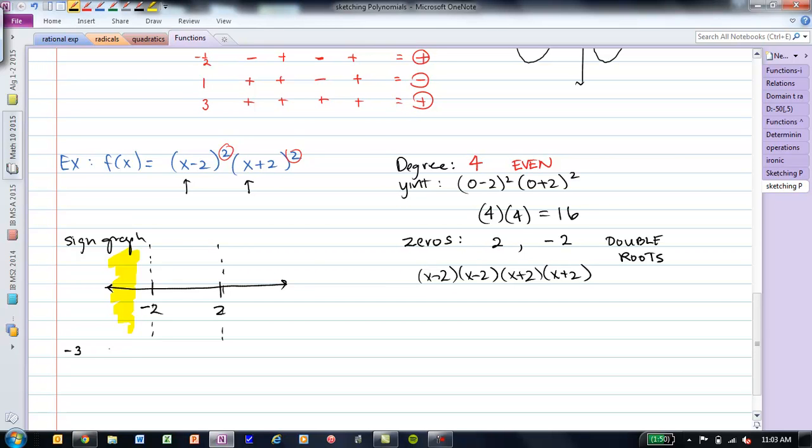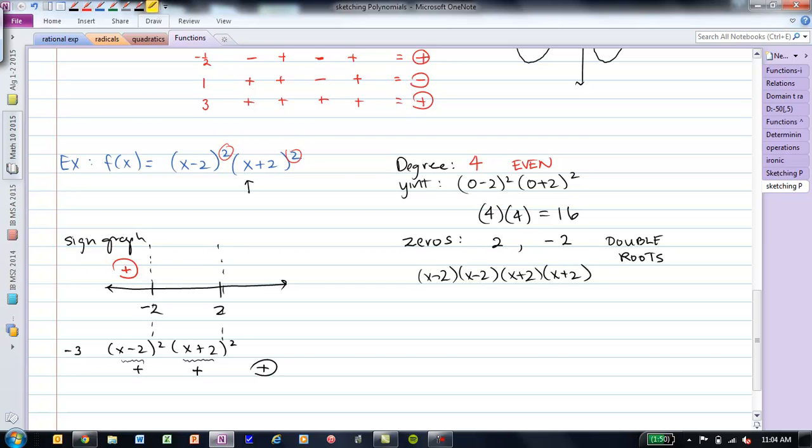If you plug in negative 3 to (x - 2)^2 and (x + 2)^2, I get a negative for this term, but then I square it so it becomes positive. I get a negative for this term, but then I square it so it becomes positive, so the whole thing is positive. That means our graph is above the x-axis for any number less than negative 2.